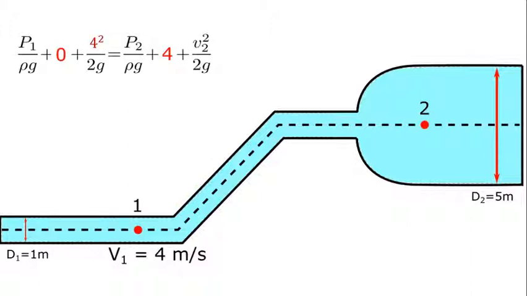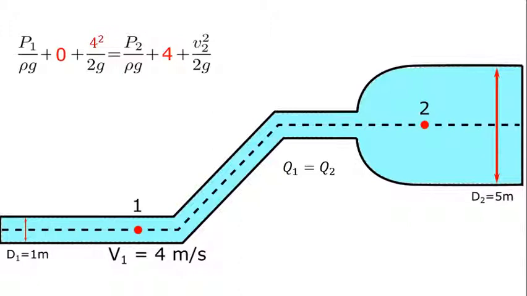Now, to solve for our velocity at location 2, we're going to draw on our knowledge from flow continuity. Firstly, we're assuming that there are no leaks and therefore nowhere else for the water to go but along the pipe. Therefore, we know that the amount of fluid, known as the flow, which passes by location 1, must be the same as the amount of fluid which goes by location 2.